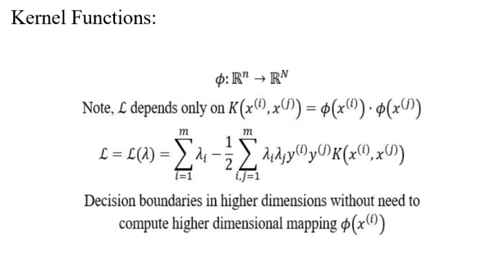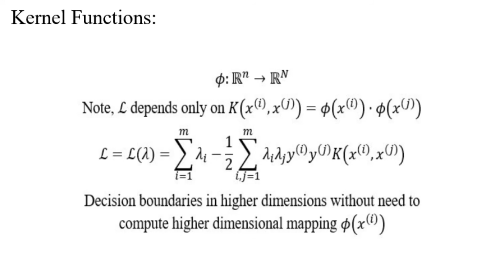So if we have a function which efficiently computes the inner product phi xi dot phi xj, we can efficiently compute the decision boundary of our input data in a higher dimensional space. This is precisely what a kernel function does, and only a few modifications to the previous approach are needed.